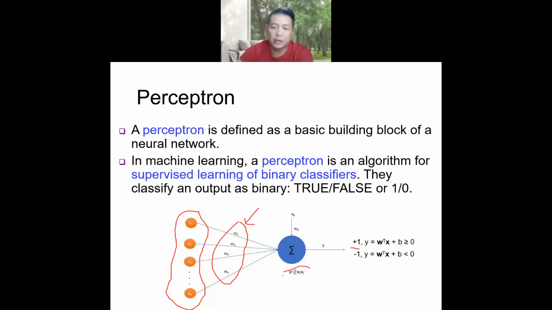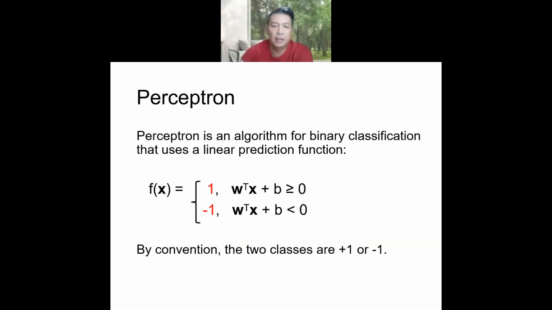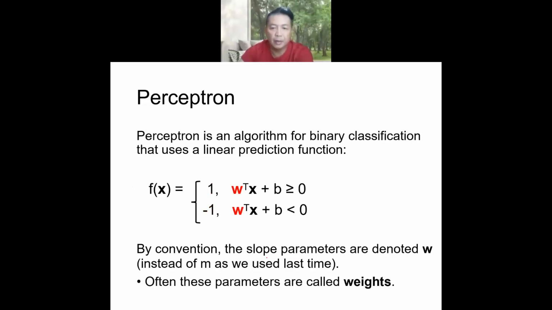The function that we have here will be the summation of the product between xi and the weightage wi. So this is the main idea. By convention, the slope parameter is denoted by w.